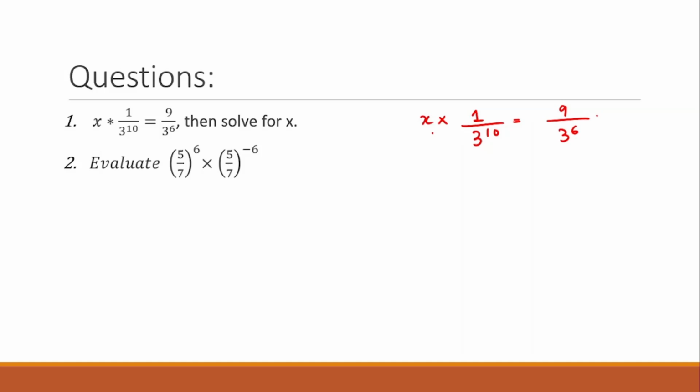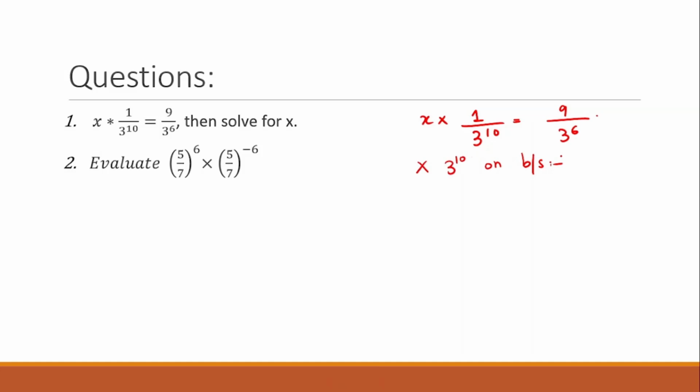In order to isolate x, I need to remove this thing. So in order to remove 3 to the power 10, I can simply multiply 3 to the power 10 on both sides.